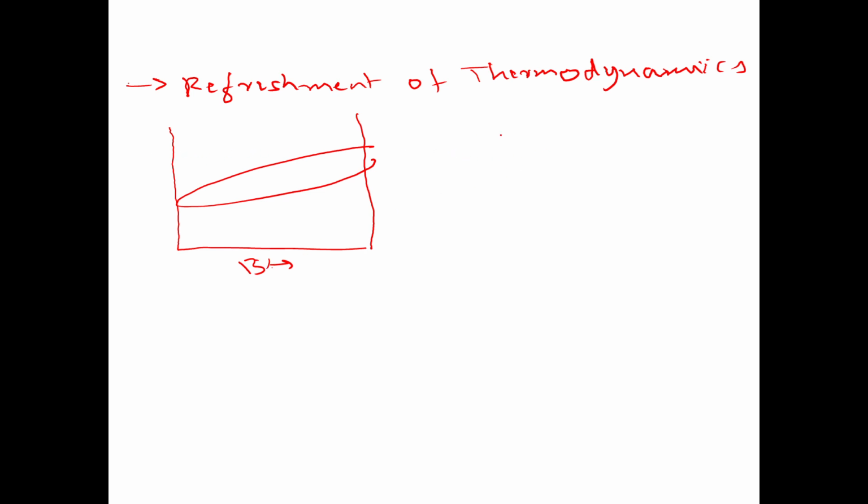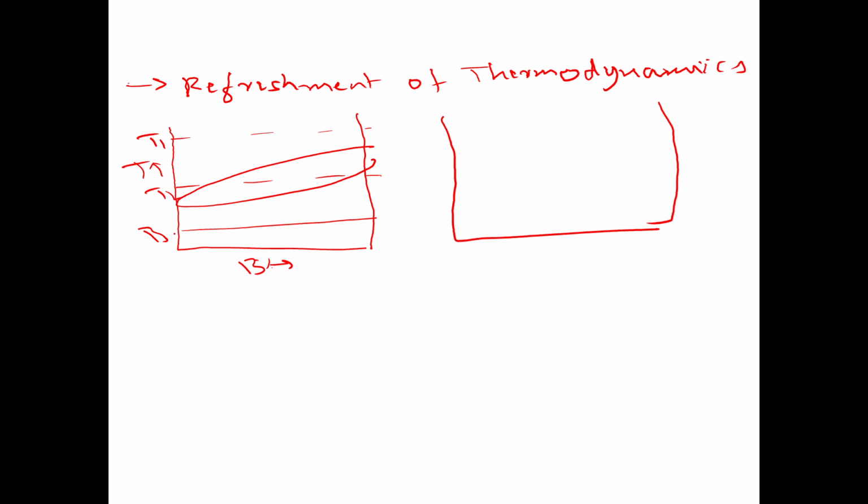So what will be the G versus X graph at different temperatures? On the temperature axis, this is temperature T1, this is T2, and this is T3. At T1, this is the liquid phase and this is the solid phase, with a liquid plus solid region in between.